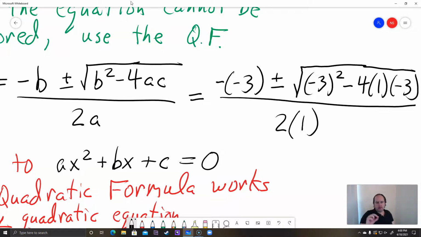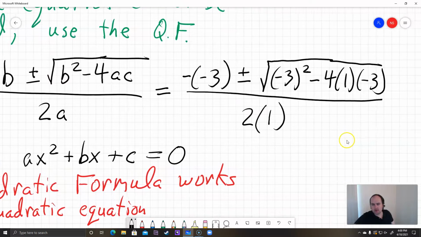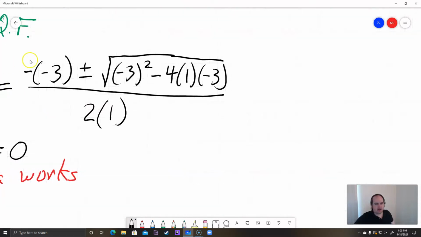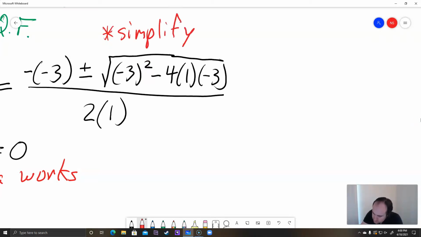So there we were just plugging in a, b, and c all into our formula. And now we just simplify this. Okay? So we need to simplify this expression. Okay, so what we got here is negative of negative 3. Well, those minuses cancel out and give you a plus.